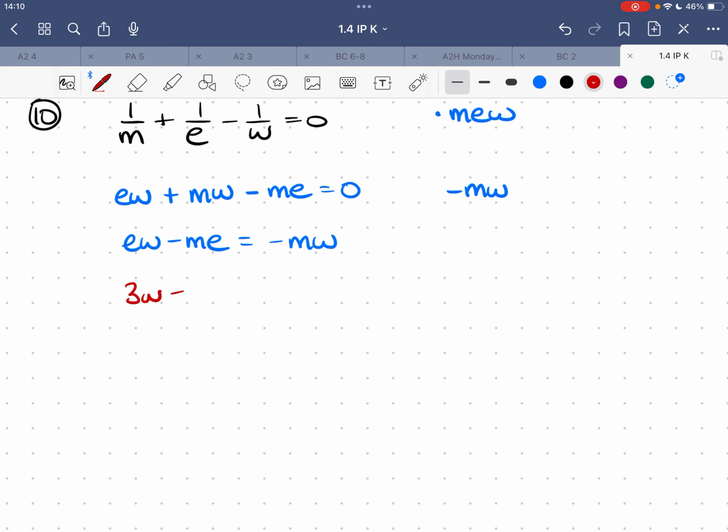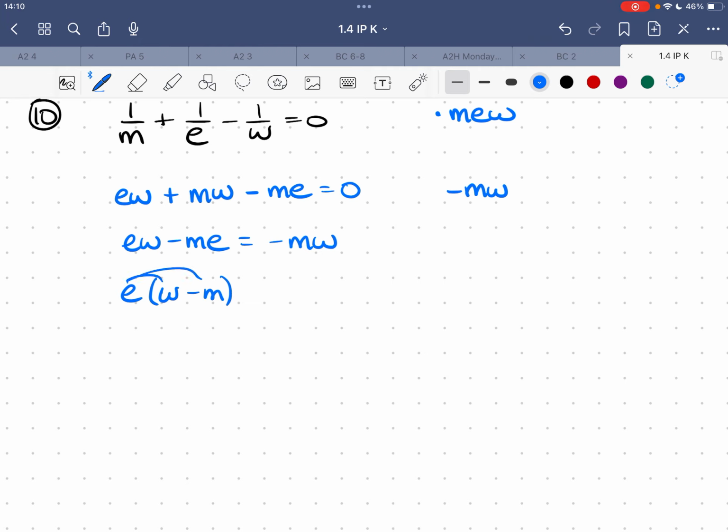When we can, with numbers, this would be combining like terms. So if we have like 3w minus 2w, it would be like doing 3 minus 2. Here, what we're going to be doing is getting the e out of that space. I'm going to factor out the e, and then this is what I will have to multiply that, the anti-distributing.